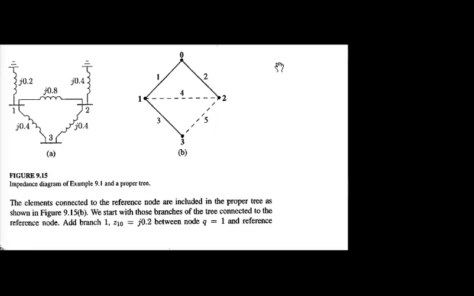That means starting from node 0, considering the first element. In this way, we have to extend the Z bus matrix. So that will be the idea of the Z bus building algorithm using 3 different rules.